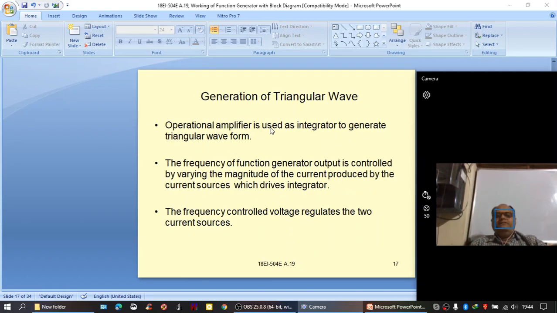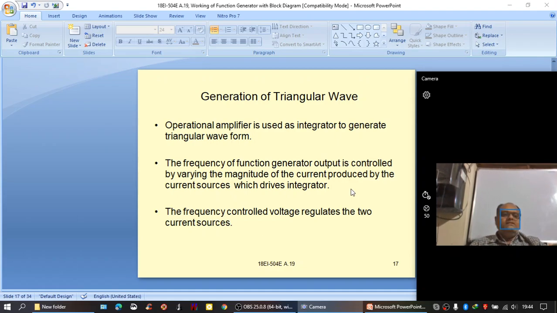An operational amplifier is used as an integrator to generate the triangular waveform. The frequency of the function generator output is controlled by varying the magnitude of the current produced by the current sources which drives the integrator.